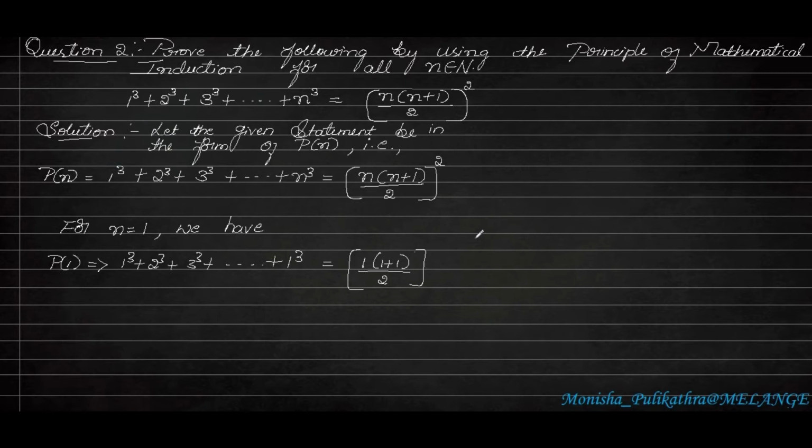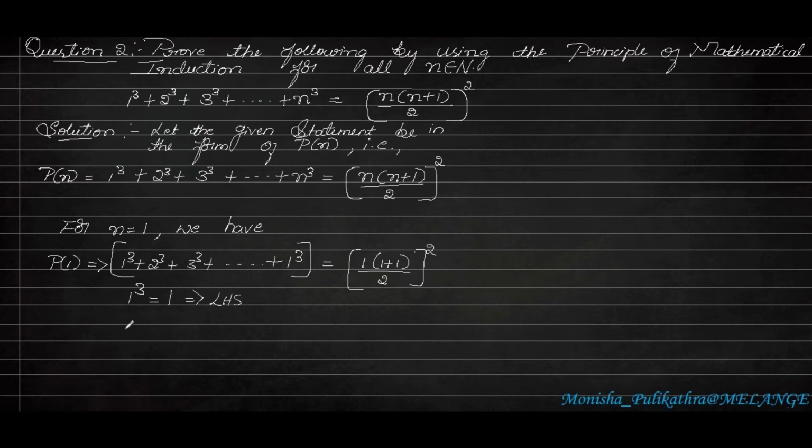In the LHS part, the series is given up to 1 cube, which means the numbers are up to 1 cube itself. So it will become 1 cube, which is also equal to 1. So this will be the LHS.